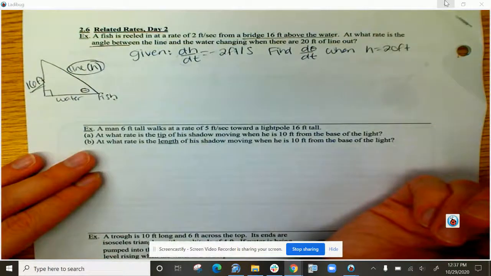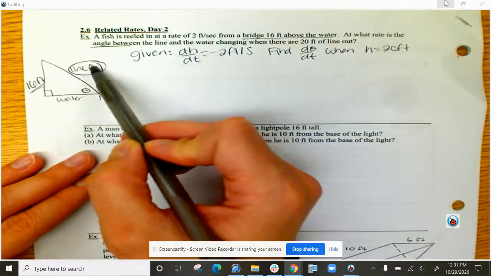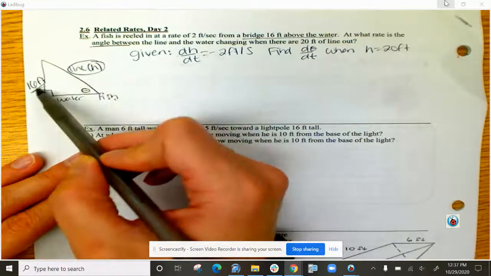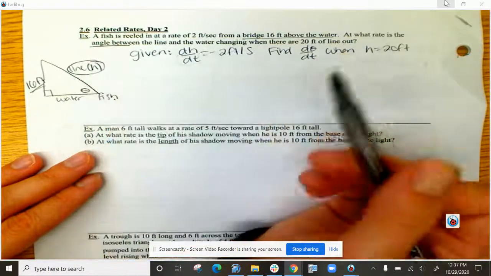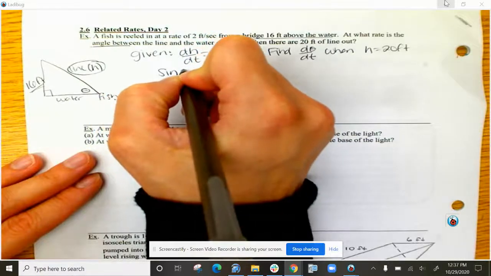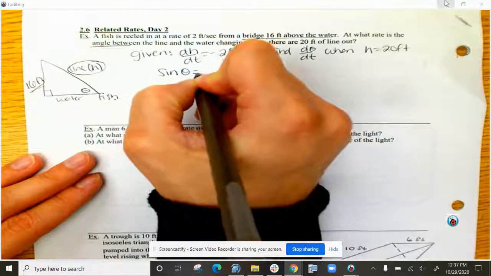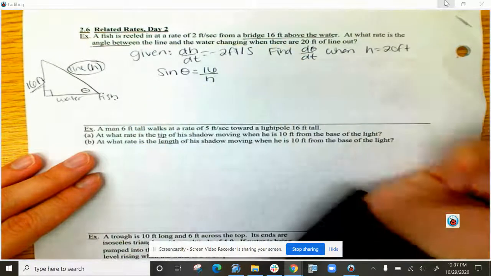That's our constant. And so you're going to want to choose a trig function that involves the 16 and your hypotenuse because those are the two that you're dealing with. And that would be the opposite and hypotenuse, which is sine. So I know sine of theta is equal to the opposite side, which is 16 over h.